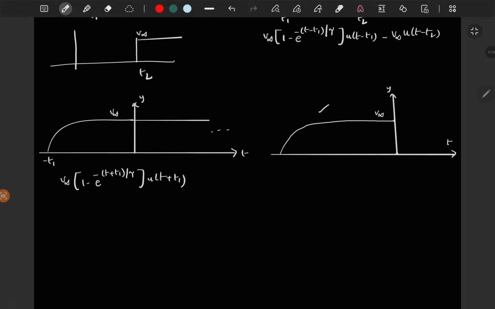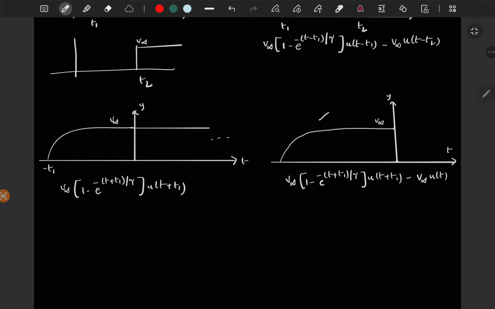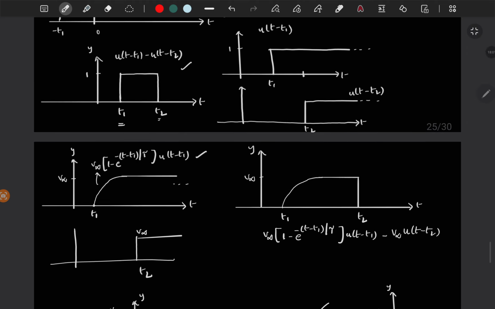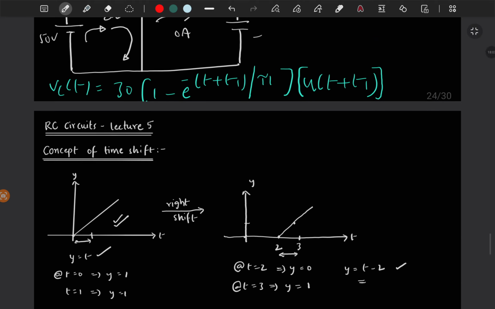Then you will get this equation, right? So v infinity times 1 minus e power minus (t plus t1) by tau, u of (t plus t1), minus v infinity is the magnitude, and you have to subtract the unit step function from t greater than 0. So it is simply u of t. So this is how the equation looks like, and I think this is enough for our solutions.